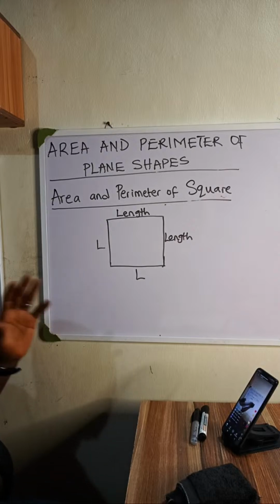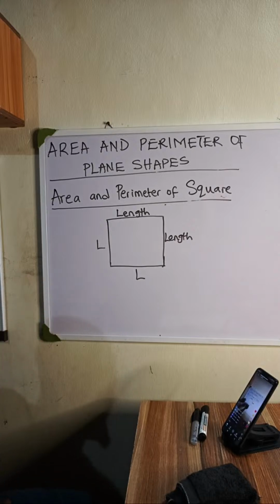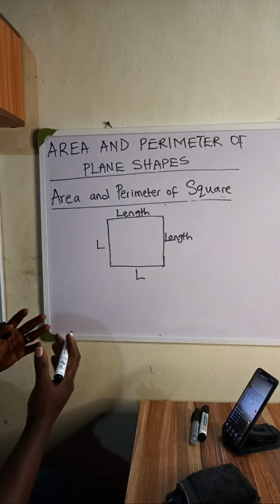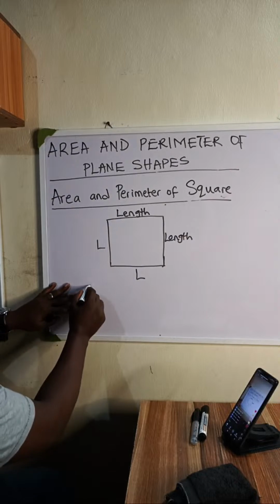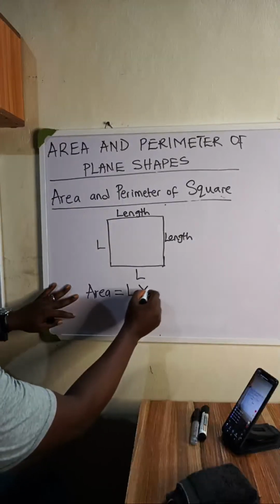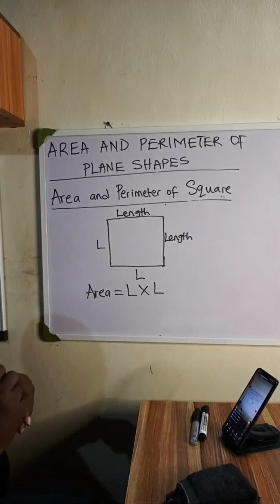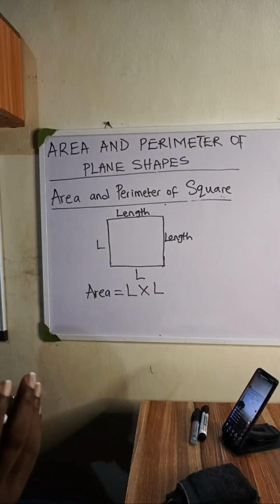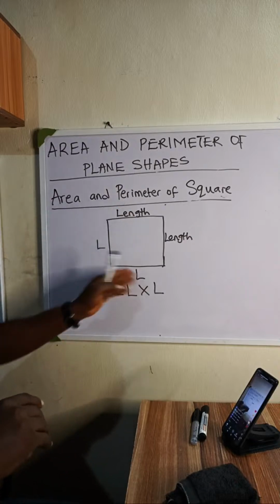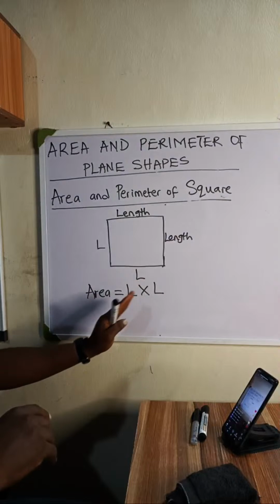So all the sides are equal. So that means for us to calculate the area of this square, area is equal to length multiplied by length. Just as we did for a rectangle where we did length multiplied by breadth, but here, since all the sides are equal, it is length multiplied by length.